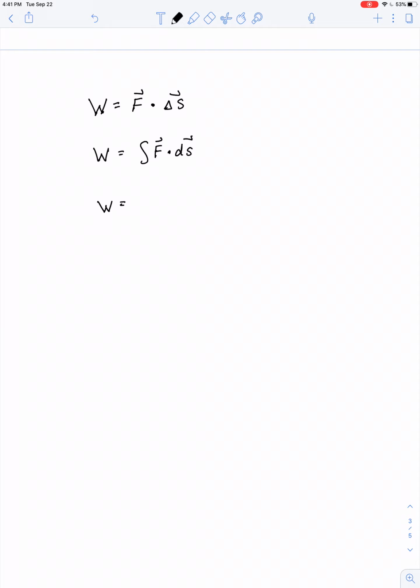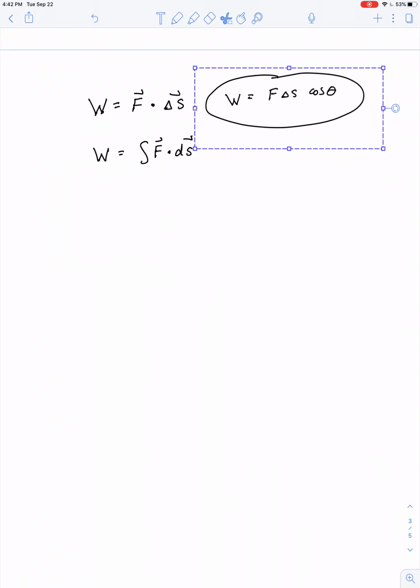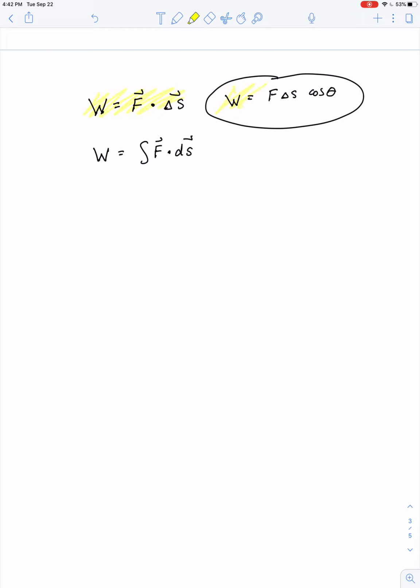Sometimes we say work is equal to F delta S cosine theta. These are both the same equation.